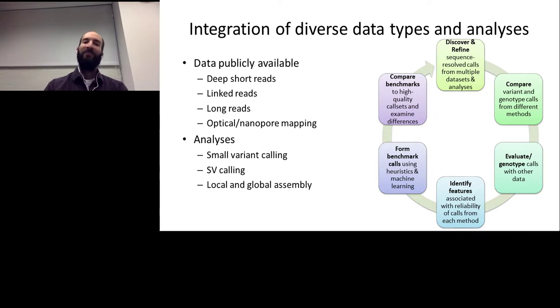And then we use these features to understand when we can trust each method. And so if they disagree with each other, we trust ones that sort of look like good normal calls, and we form our benchmark calls using mostly heuristics up to this point with a little bit of machine learning, and we're exploring more sophisticated machine learning methods to integrate all of these data together.